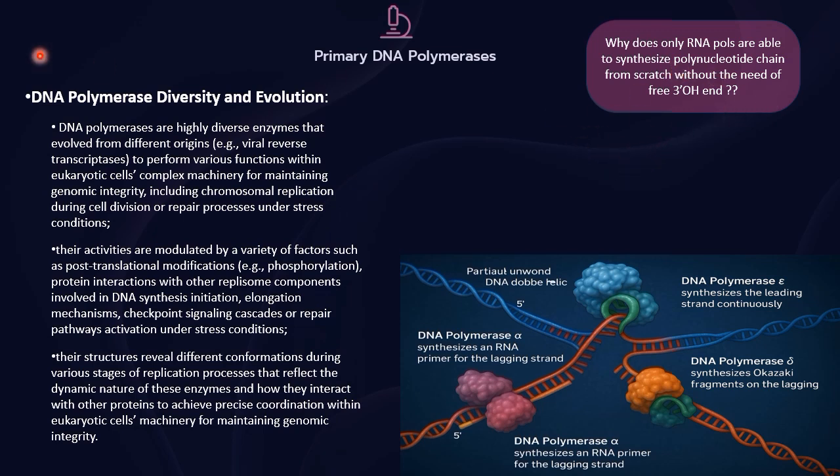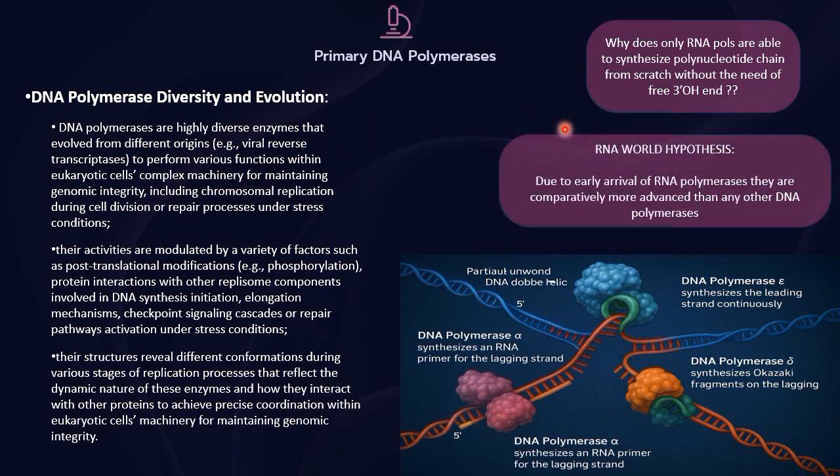Now let's see the answer. According to the RNA world hypothesis, due to the early arrival of RNA polymerases, they are comparatively more advanced than any DNA polymerase, which means that even before DNA existed, RNA was used as the genetic material by many different organisms. Thus, the RNA polymerase enzyme existed way before both DNA and DNA polymerase.